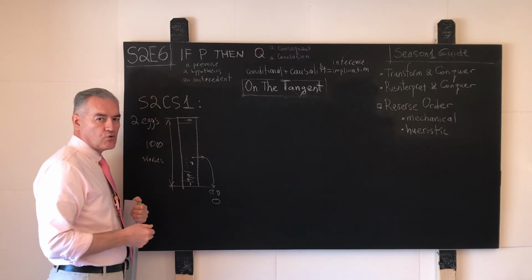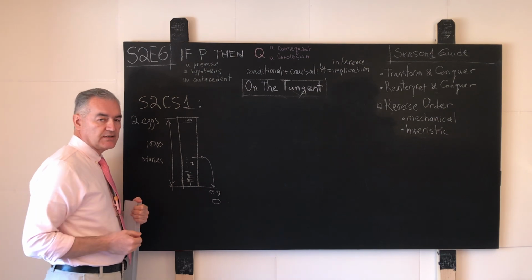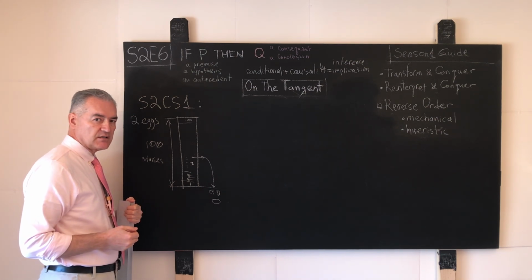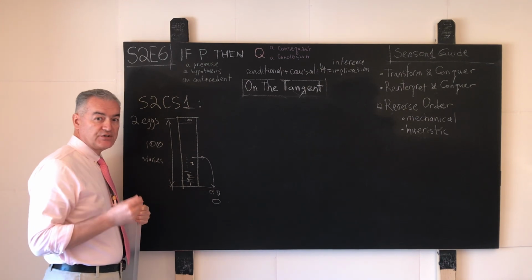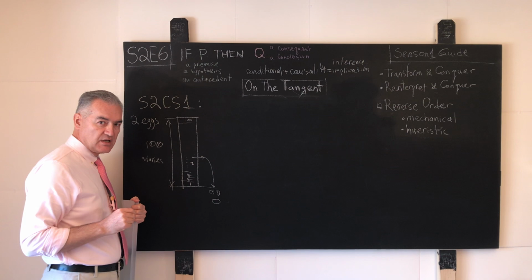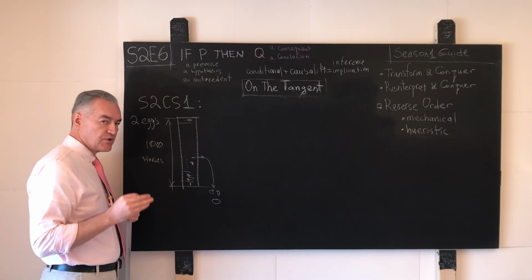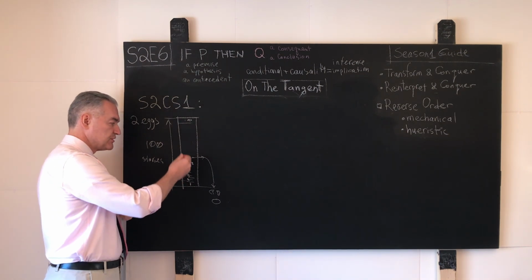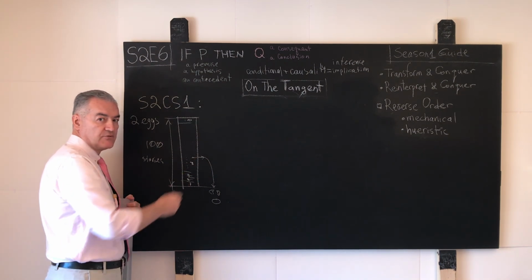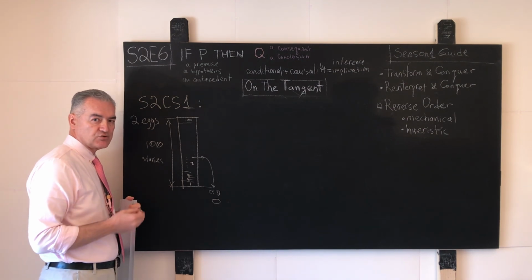egg drops that will determine with absolute certainty, there is no non-trivial probability involved in this case, the lowest floor, the fall from which either of these eggs will not survive.